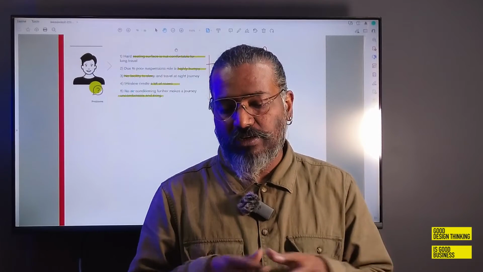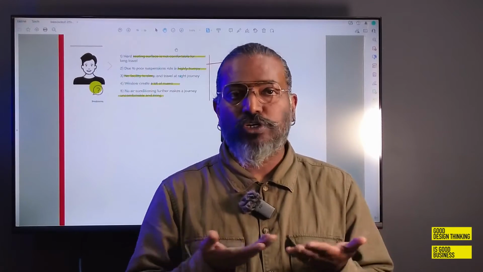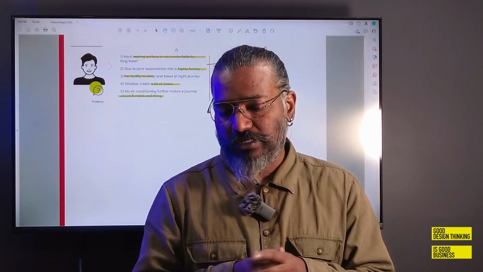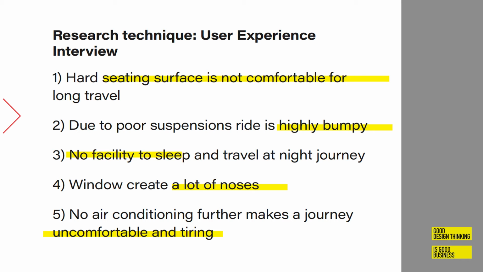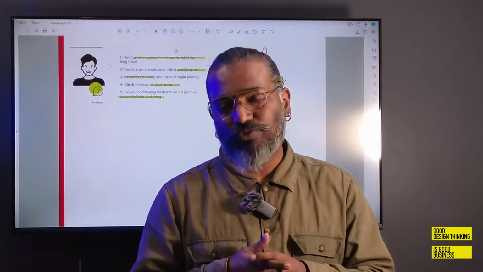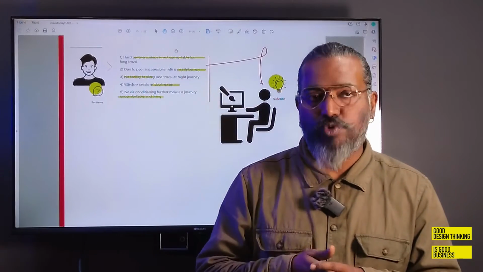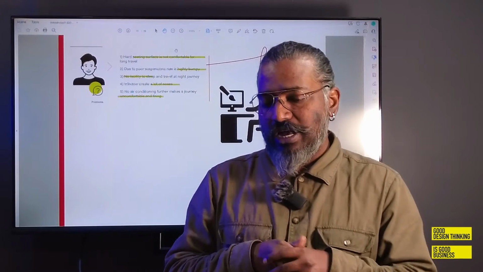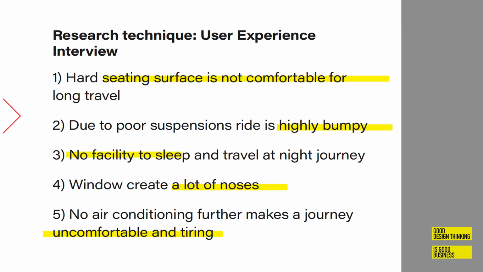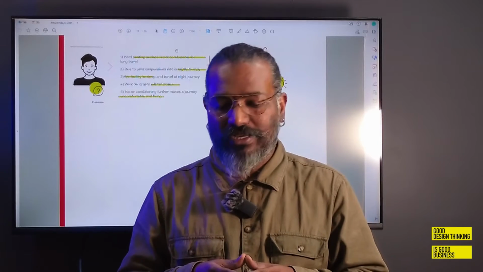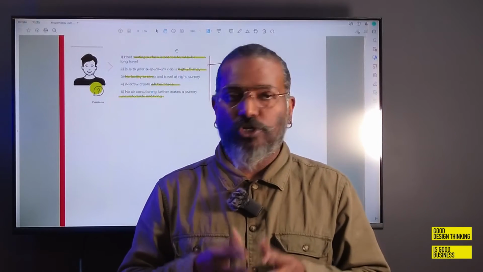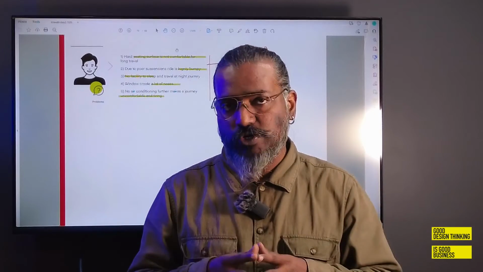It's just a sitting facility. There is no sleeping facility in the bus. Windows create a lot of noise because they're not properly fixed, so they create a lot of vibration while traveling. And lastly, it's not an air-conditioned bus, so it was really tiring and uncomfortable traveling for long hours.